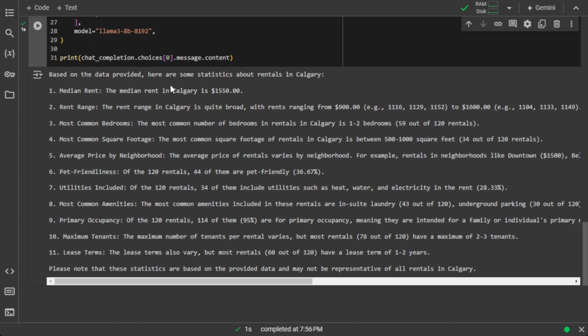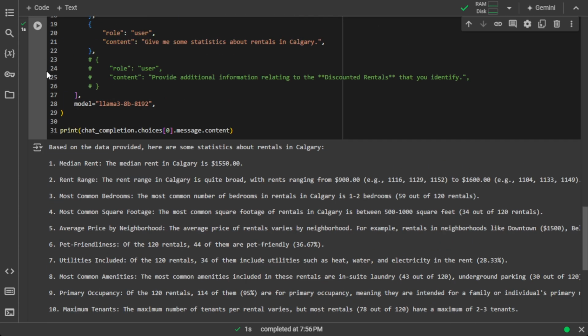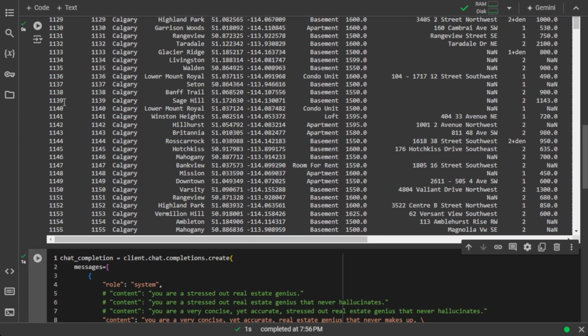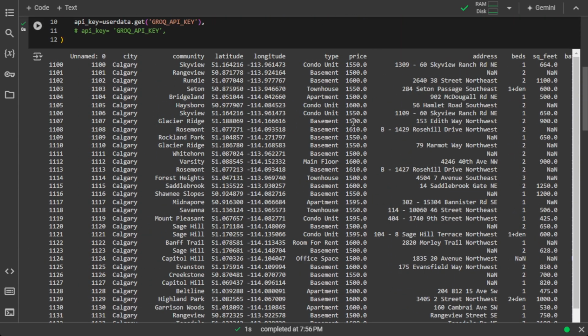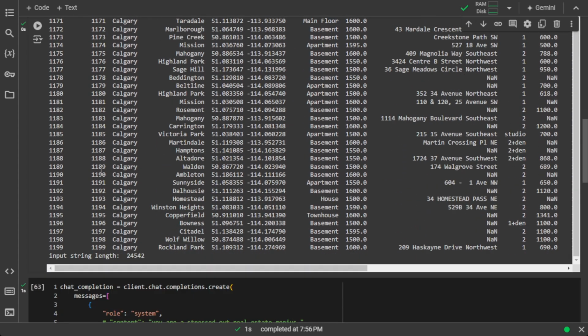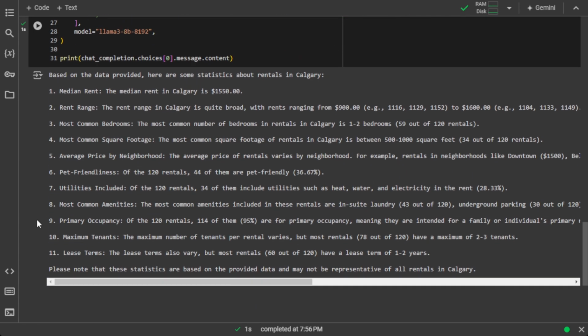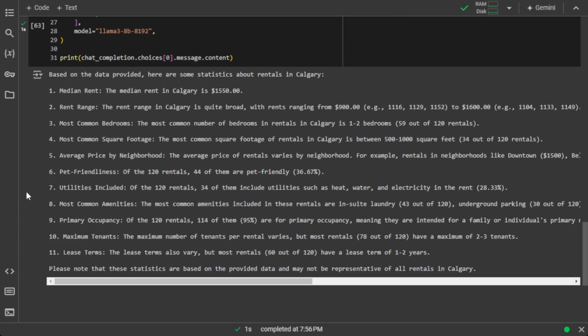Okay, based on the data provided, and remember, the last several examples were looking exclusively at the price column. Now we're feeding it entire listing data: bedroom count, bathroom count, square footage, address. So let's see what we got.